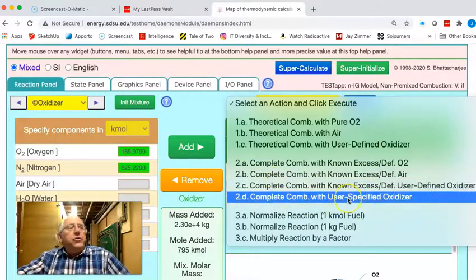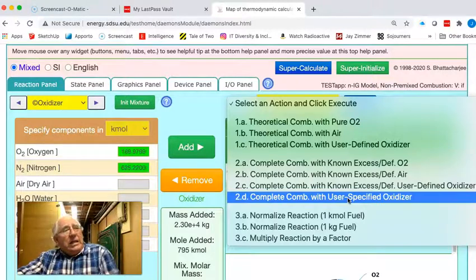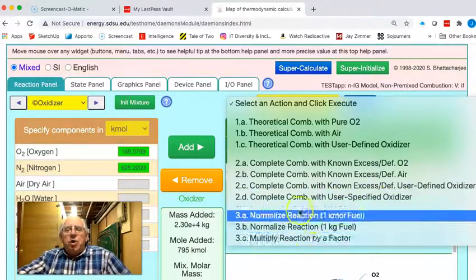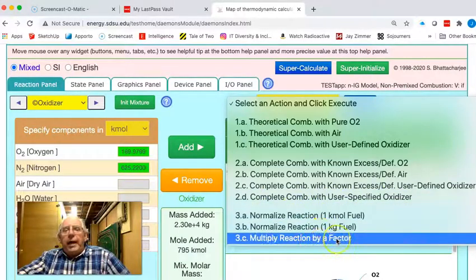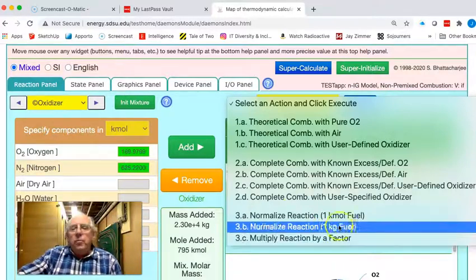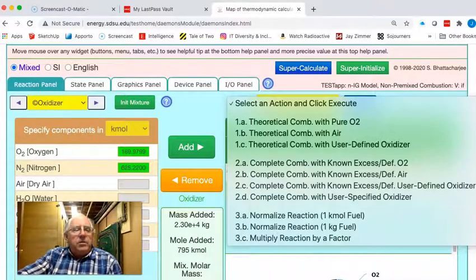And in that last case, we had to do our own balancing due to the specified oxidizer. And it also allows us to do this normalization and multiplying by a factor. Okay, so with that done, I'll stop at this point.